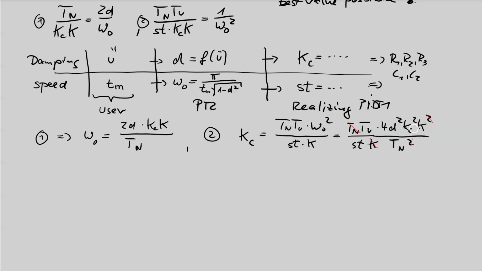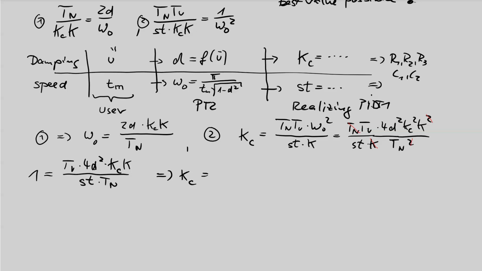And you see on both sides now I have a Kc. I want to solve now this equation to Kc. Here's a Kc squared and here's a Kc. So finally we divide this and this factor by Kc. We get 1 on the left side, on the right side Tv times 4d squared times Kc times K divided by step depth times Tn, and I solve this to Kc, gives that expression I want to use later.